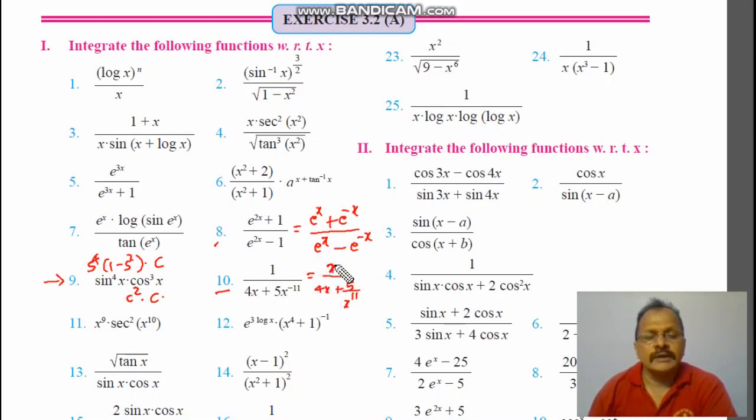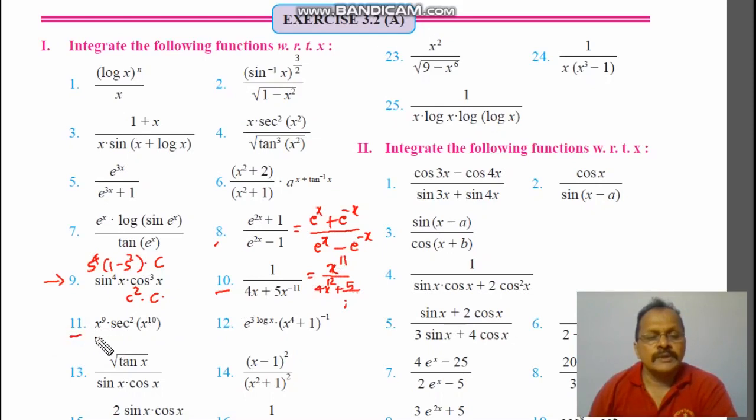You will get x raised to 11 upon 4x raised to 12 plus 5. Now put this denominator is equal to t. X raised to 11 can be adjusted in the dt and dx.